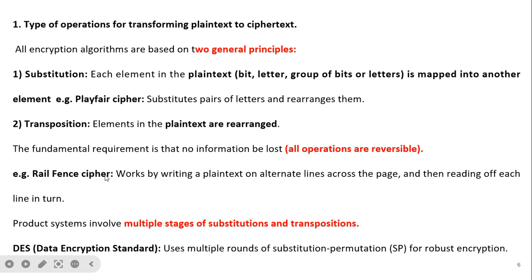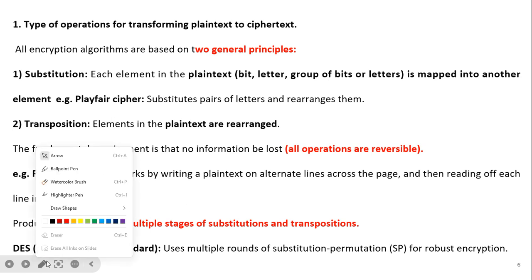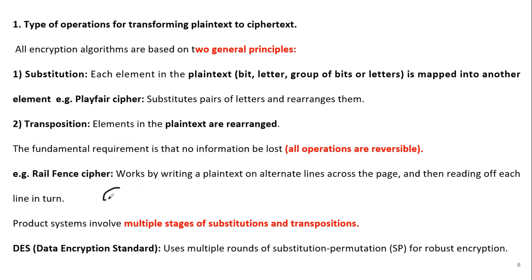Rail fence cipher example. It works by writing the plain text on alternate lines across the page and then reading off each line in turn, so the pattern will look like a rail fence. For example, if the text is ABCD, we write A, B, then C and D, and we concatenate like AC and then BD.